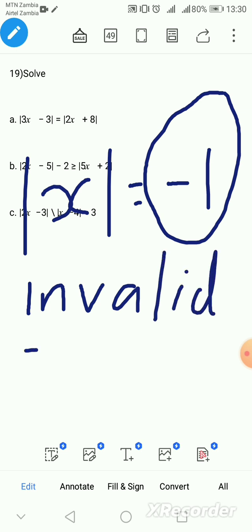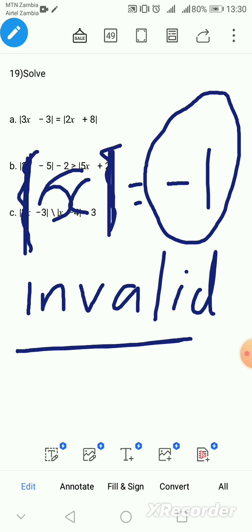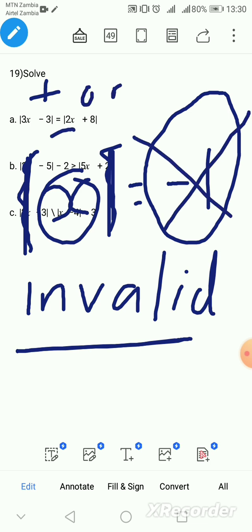So you simply write invalid, because this modulus is only supposed to produce a positive result. We can only have a negative result when we cancel these straight lines. So it is this x which can be positive or negative, not the outcome.